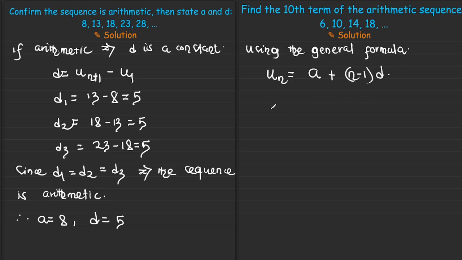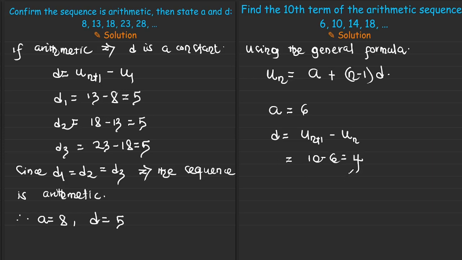So with this, observing from our sequence, we can say A, which is the first term, is equal to 6. Then we now find D. So D is also giving us what? The (n+1)th term minus the nth term. In this case, let's use 10 minus 6.